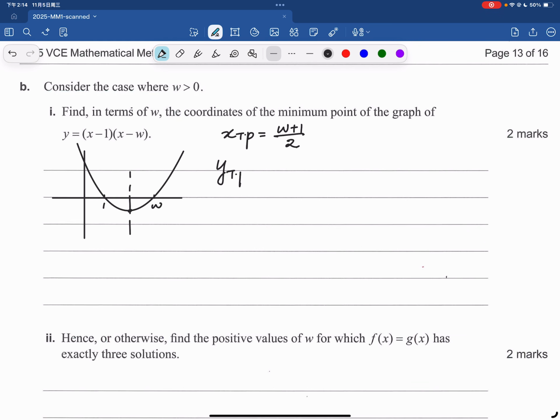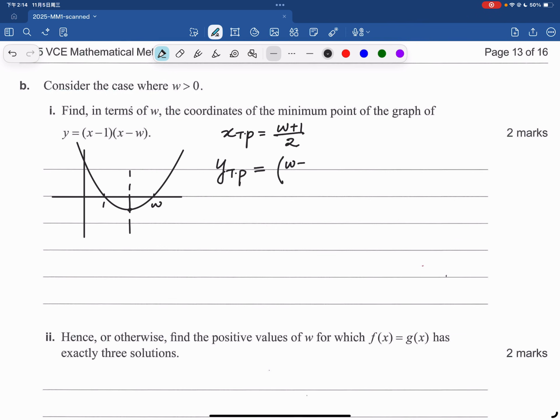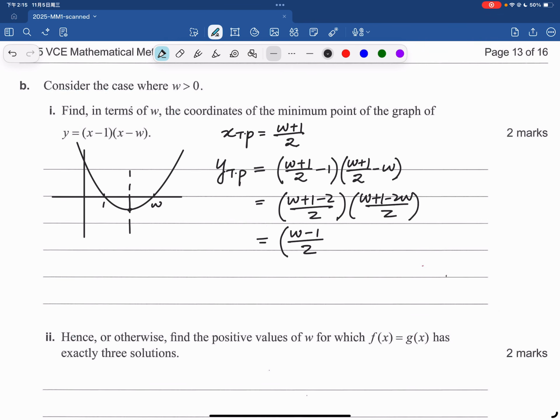And the y turning point must be w plus 1 over 2 minus 1 and w plus 1 divided by 2 minus w. So this thing will be w plus 1 minus 2 divided by 2 and w plus 1 minus 2w divided by 2. So eventually you can take out w minus 1 divided by 2.